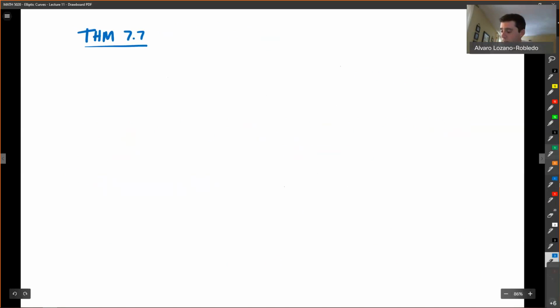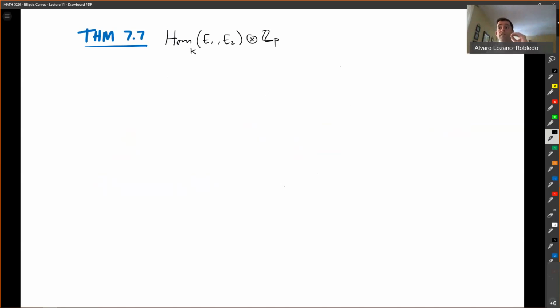First of all, there's a map Hom defined over K. We did Homs in general, but if you want Homs that are defined over K, over the base field where the elliptic curves are defined, we do get a map to Homs defined over K of Tate modules.